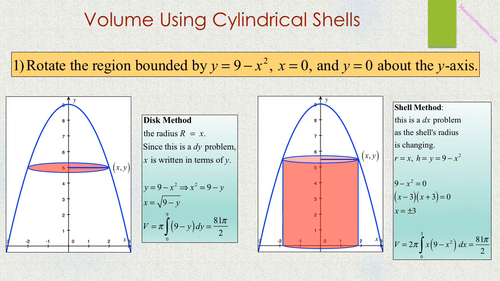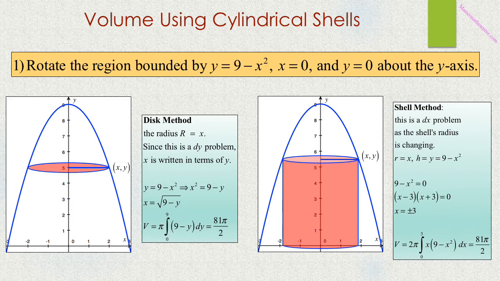We use 0 to 3 because that is the smallest radius out to the largest radius, and the radius is the x variable and the height is 9 minus x squared. Doing the integration, we get the same answer, 81 pi over 2.